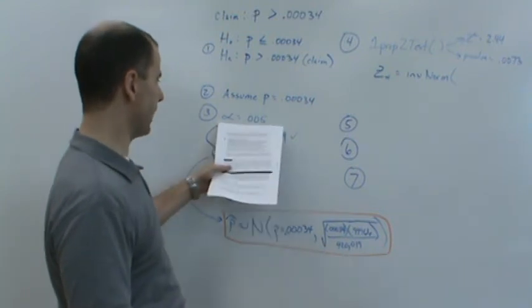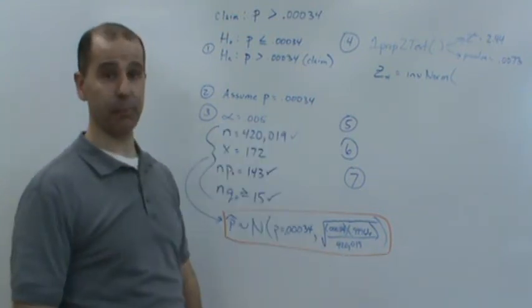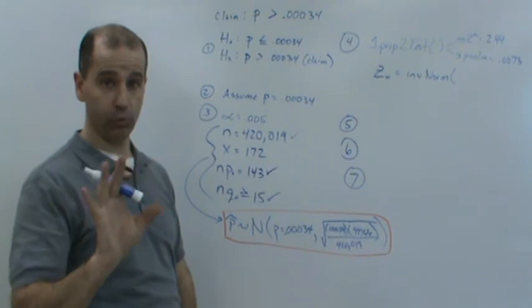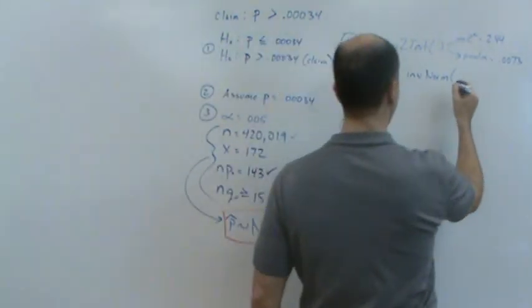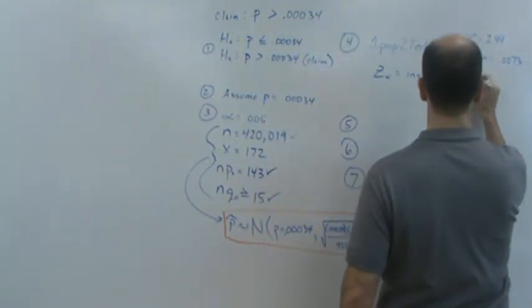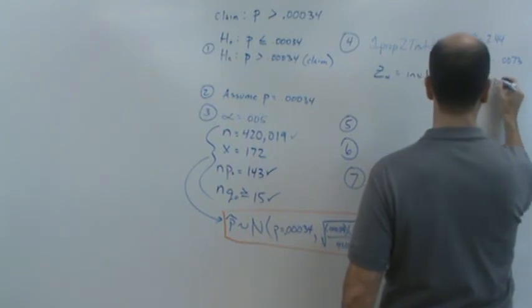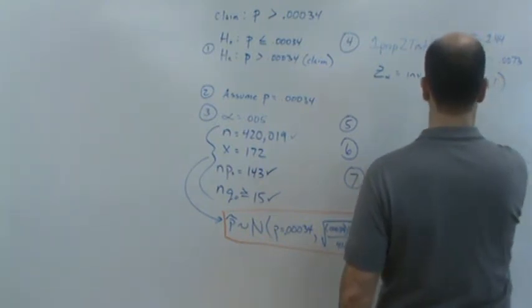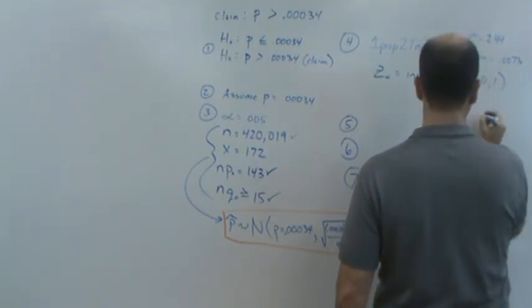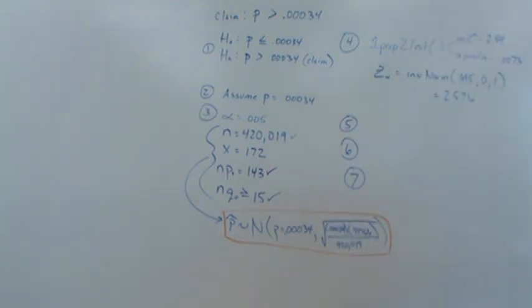Okay, and if you recognize this, this is a 99% confidence interval also, right? So if we put in 0.995 and then 0, 1, we should get 2.576 as our critical value. And yes, it is. Okay?